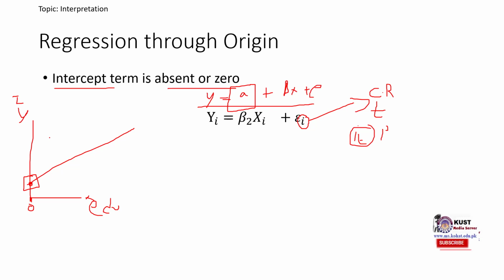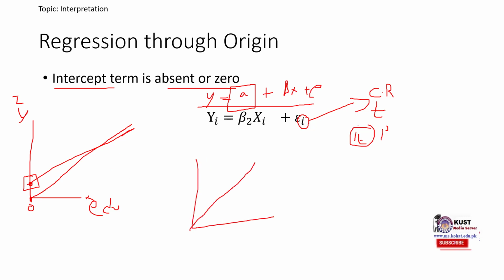But in some theories, the theory would suggest that the y-intercept should not be present, the alpha should not be present. So in those cases, the regression line would pass through the origin. Let me draw it here.